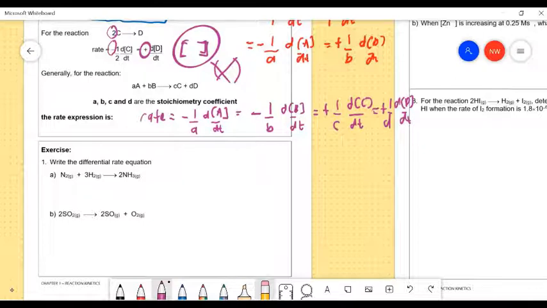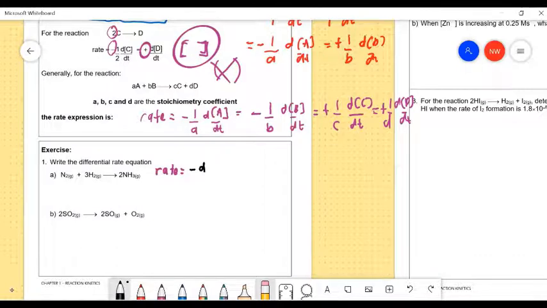So, write the differential equation. Kalau kita tengok kat sini, make sure you tulis rate equal to negative sign, okay, sebab nitrogen adalah reactant. 1 over 1 d N2 over dt. 1 over 1 adalah 1, so I tak mahu tulis 1 over 1, I nak buat biasa saja.